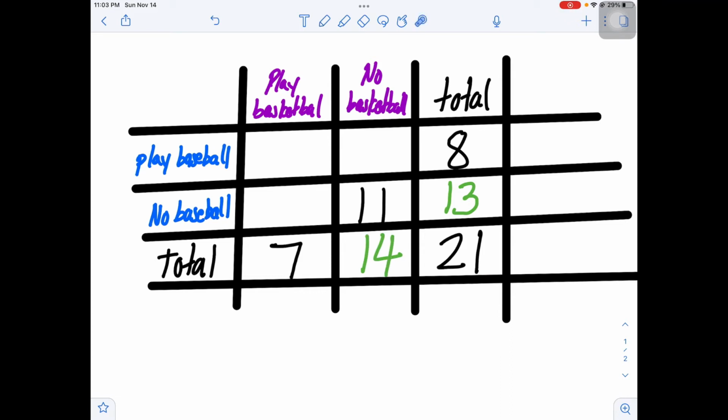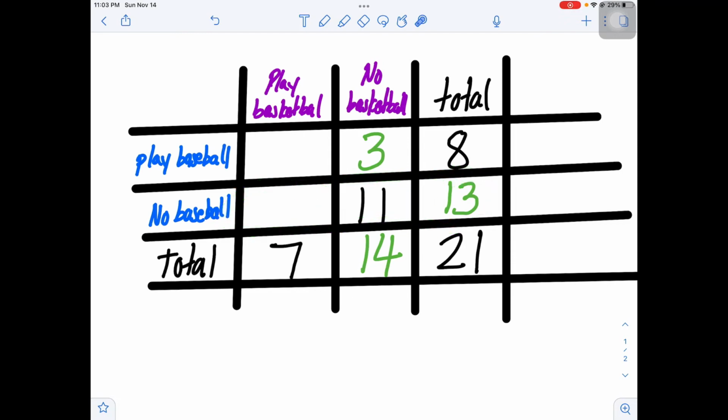So I can do this one now, look. Because this number plus this number is equal to 14. So what plus 11 is 14? So I can go backwards. 14 minus 11 is 3. Okay. And I can do this number here, right? This number plus that number is equal to 13.